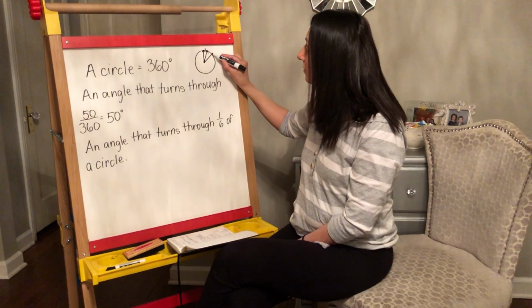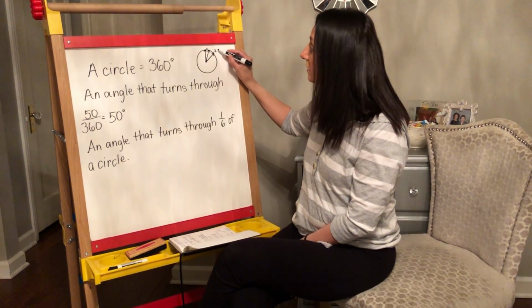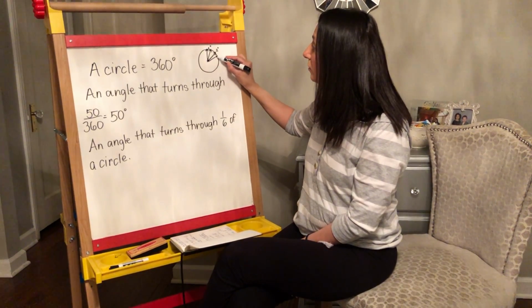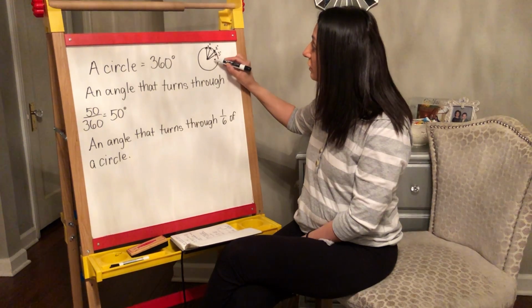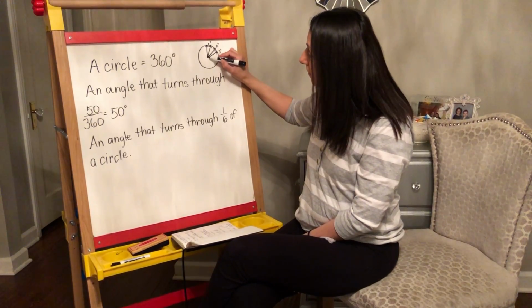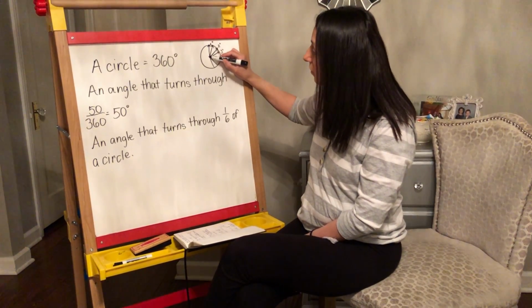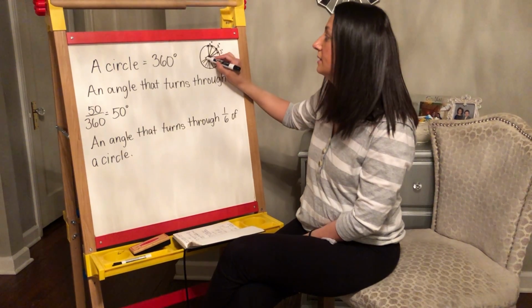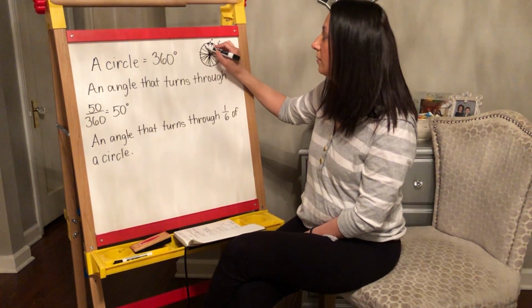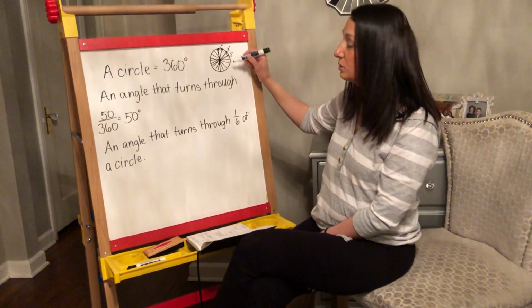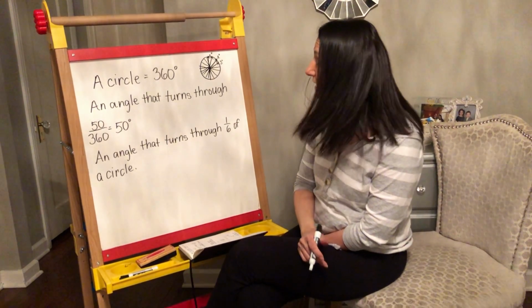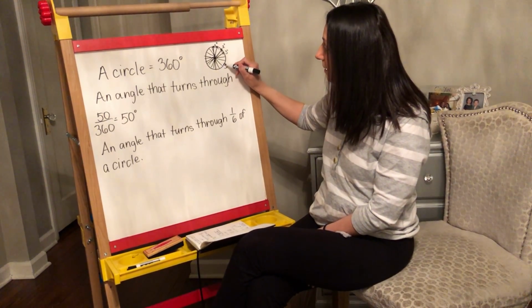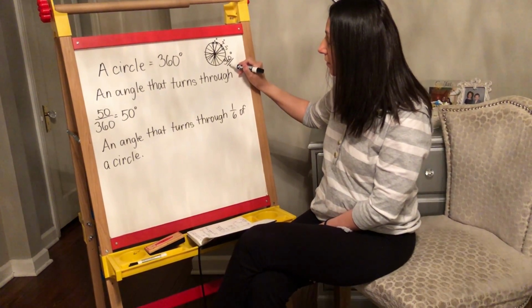So if it's going 2 spots, it's 2 degrees. 3 spots would be 3 degrees, and all the way around it's broken up into 360, and I obviously can't draw them all, but you get the idea. So it's broken up into 360 little lines that make up a circle, okay?